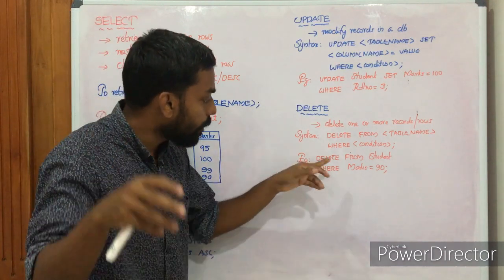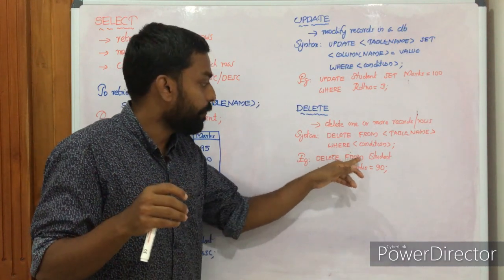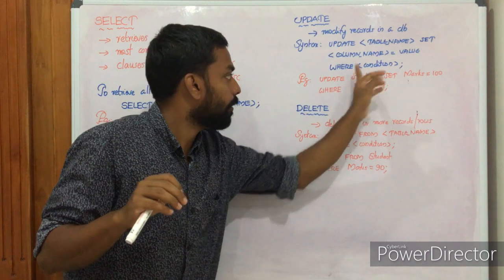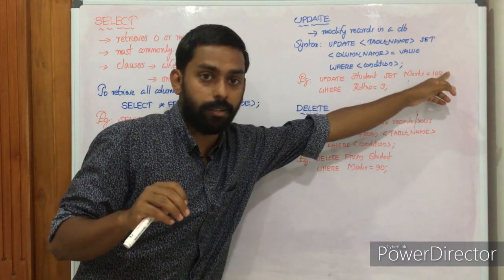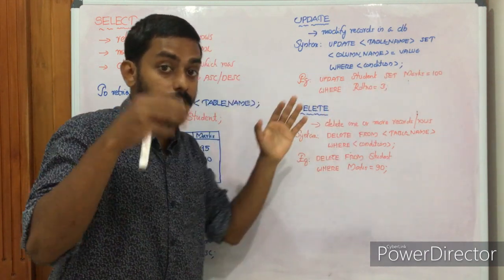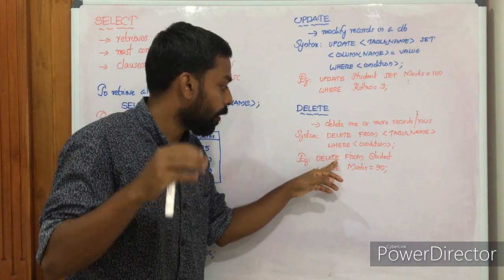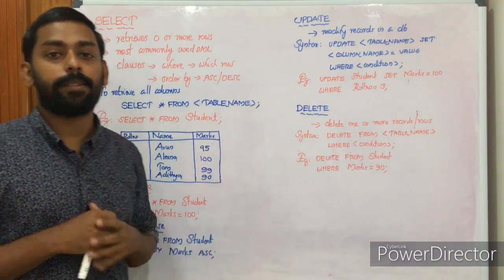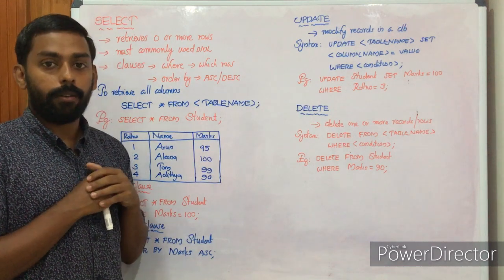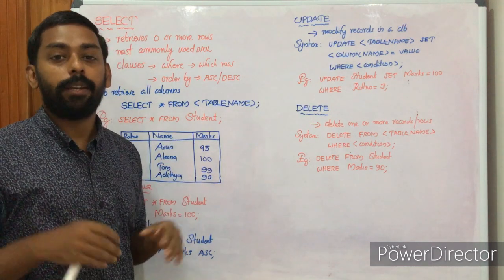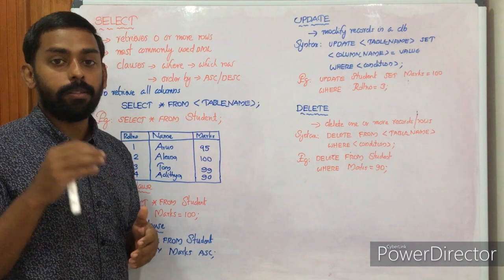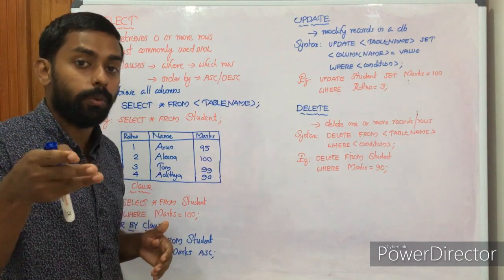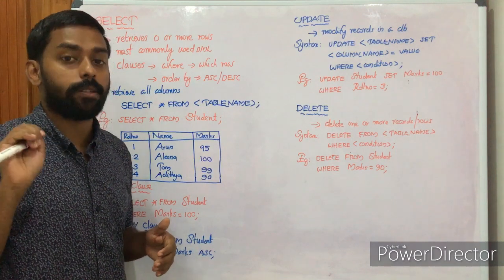Then the variation: delete from student. Just like we ended the update statement without where, the same way here we are terminating at delete from student. Here the entire data will be deleted, because we haven't restricted it to a particular row or rows.